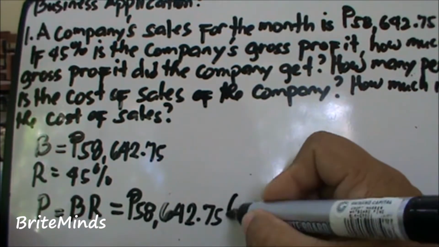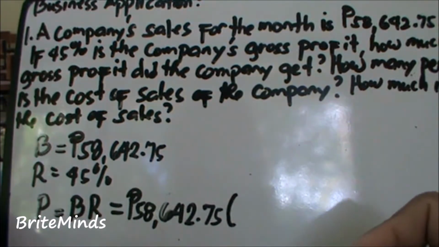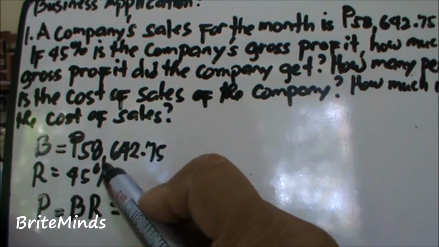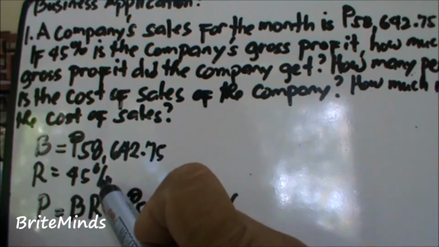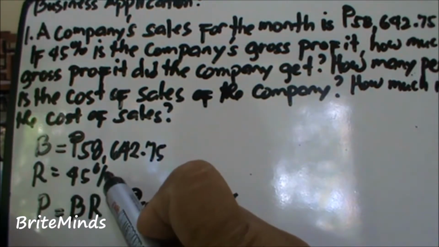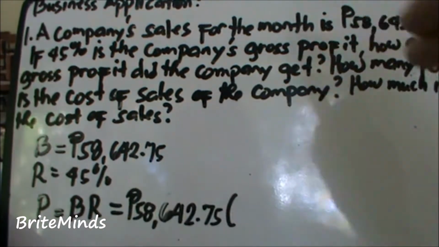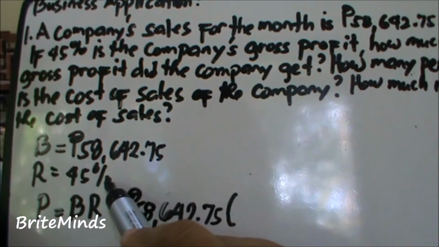So as I was saying a while ago, it would be easier if the rate is converted into percent, decimal, or fraction. So this is in percent.